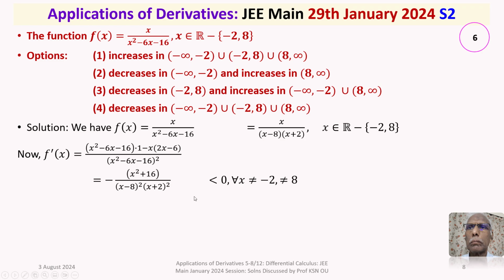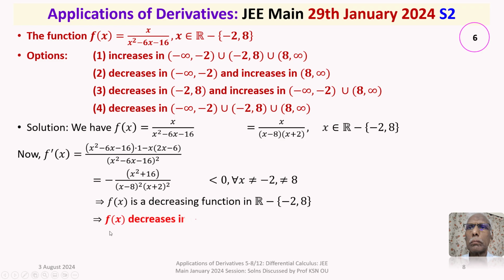Now use the first derivative test: f prime x is negative for all x other than minus 2 and 8. That means the function f of x is a decreasing function in R minus the set consisting of minus 2 and 8.